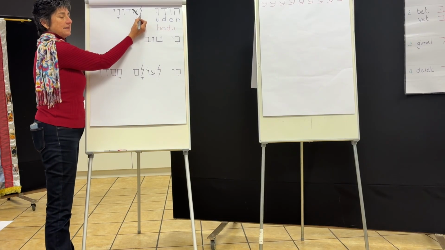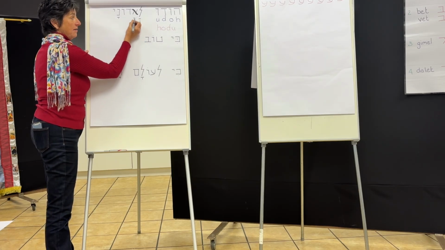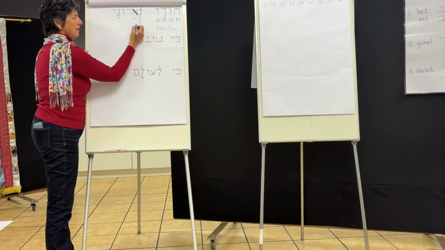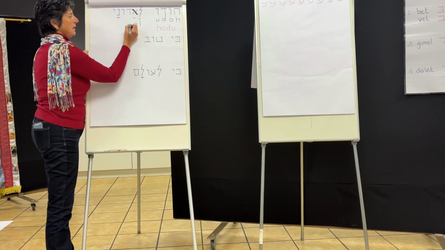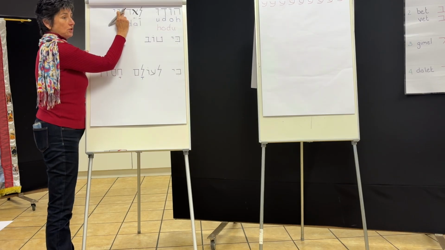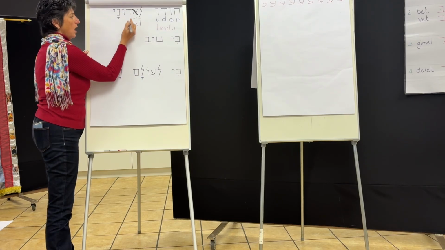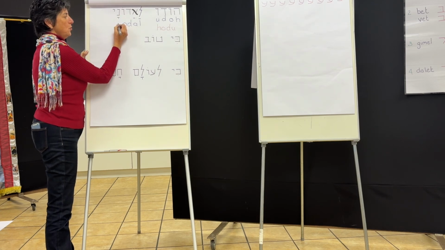All right, let's go. What's this letter? Lamed. Yeah, that's one of the signs for an A. Yes. And then? Dalet. Vav, but it's got a dot on the top, so it becomes an O. Nun.